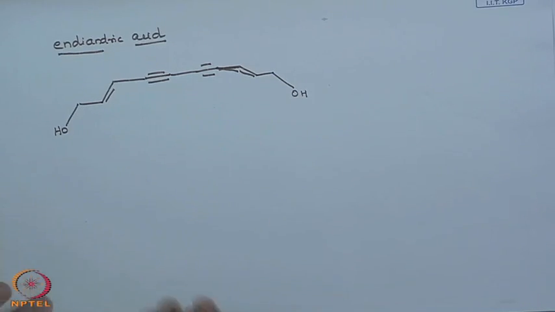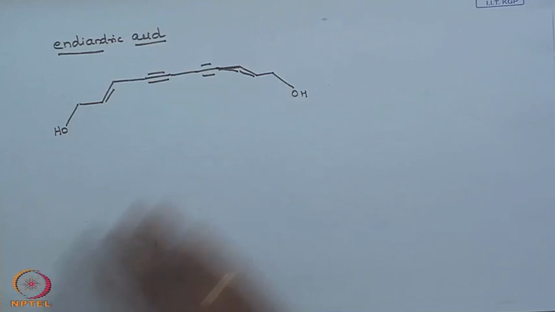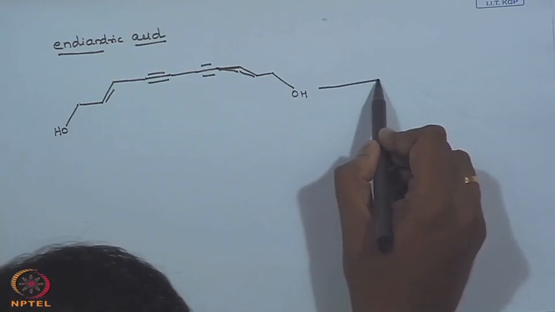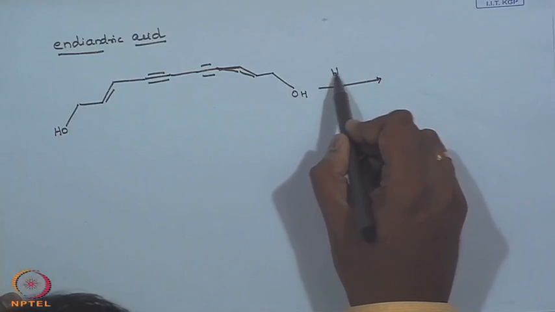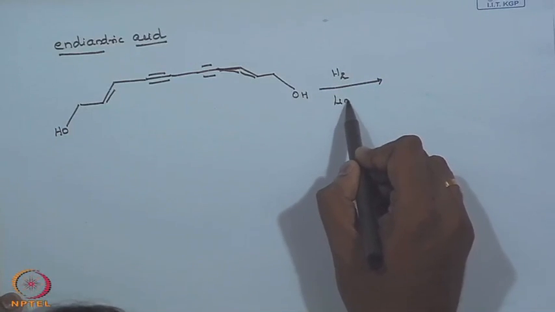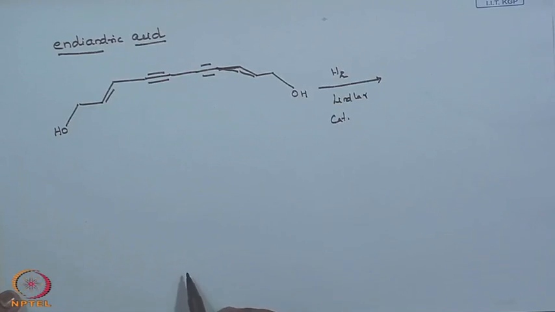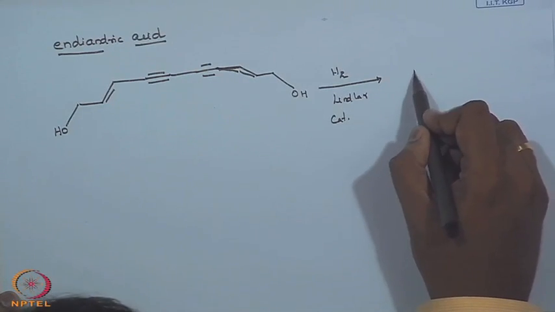Okay. I have taken a system like this, which has an alkyne and alkene in it. Now what I do is this: you do a reduction using your Lindlar catalyst. Fine. So you get a system like this.